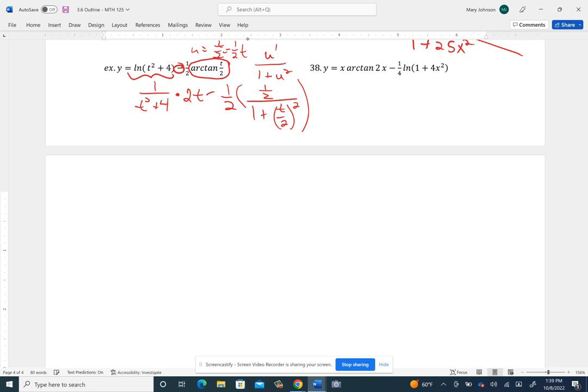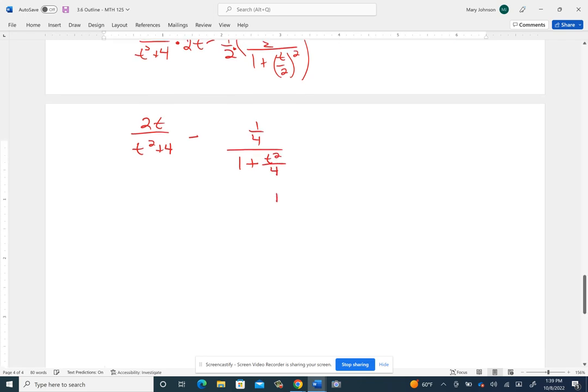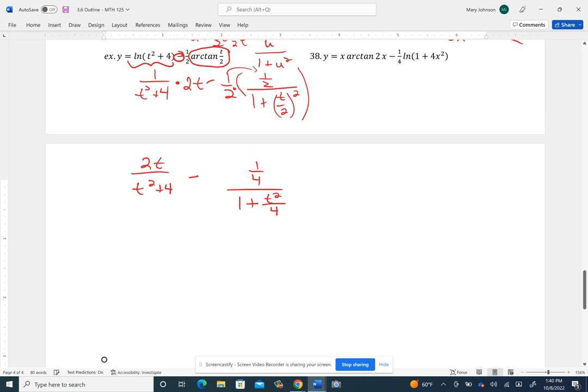So 2t over t squared plus 4. Then here I have minus 1/2 times this. That 1/2 can go with that 1/2 and become 1/4. So it's really a 1/4 over 1 plus t squared over 4, like that. And that 4 is only under the t squared, right?